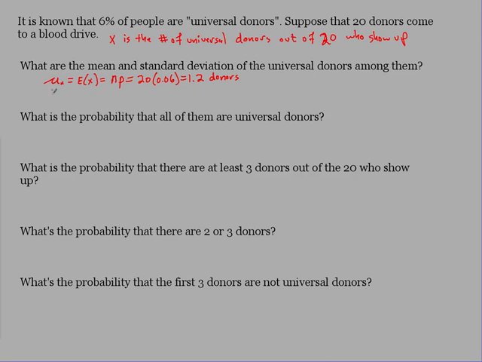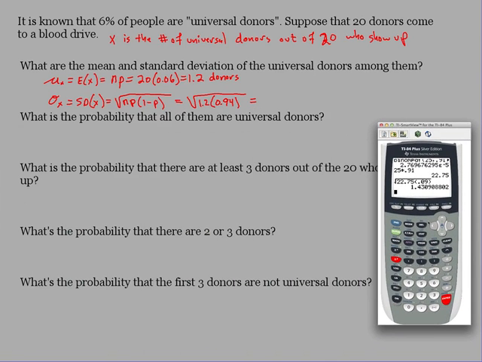So let's look at the standard deviation of x. How much variability is going on here? So this is going to be the square root of n times p times 1 minus p. So this equals the square root. Now look, this is np. I have np already. So I see the np here. I could put this as 1.2 times 1 minus p. So if 6% is p, then 1 minus p would be 0.94.